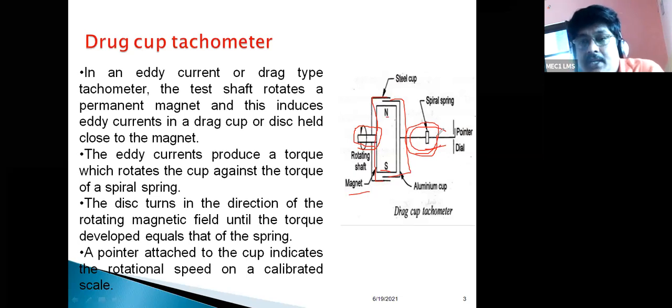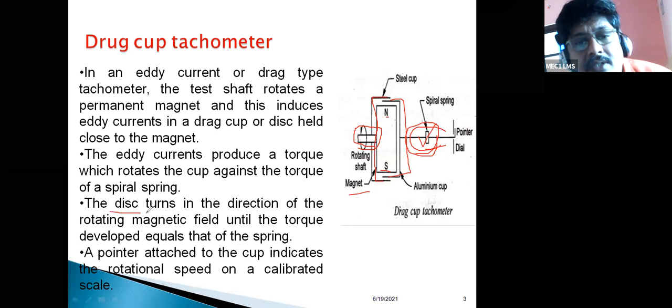This eddy current produces a torque that rotates the drag cup against the torque of the spiral spring. So this drag cup turns in which direction? It turns in the direction of the rotating magnetic field until the torque developed is equal to that of the spiral spring. It is written clearly here.